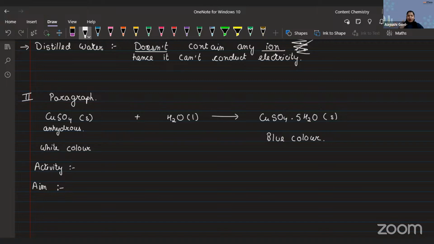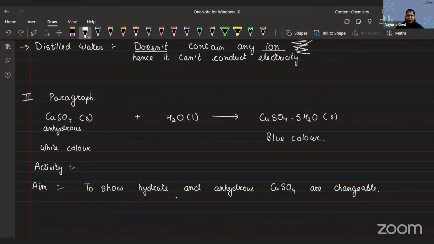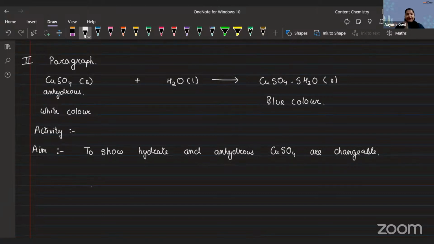My aim in the process is to show that hydrated and anhydrous copper sulfate are changeable or interconvertible, whatever word they are using, the exact same word I have to use here. That is my aim in the process. Then the second thing: to do this, I require some apparatus. So write that apparatus, whatever you need.